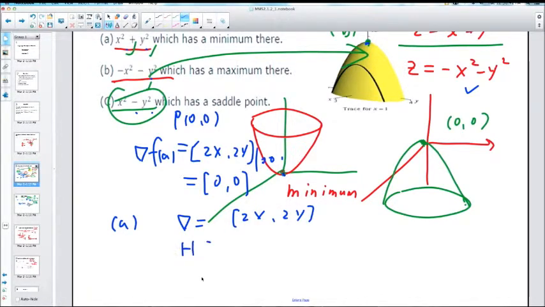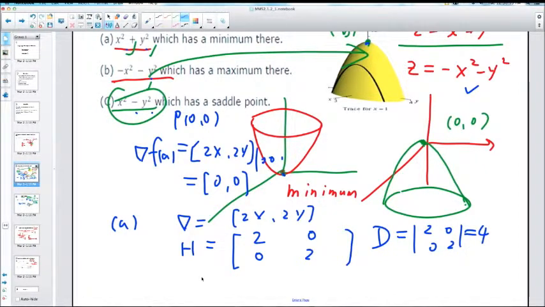The Hessian matrix is going to be 2, 0, 0, 2. And your determinant is really 2 times 2 minus 0 times 0, equal to 4. That's it. For B, the same thing, it just has a negative. The gradient equals negative 2x.